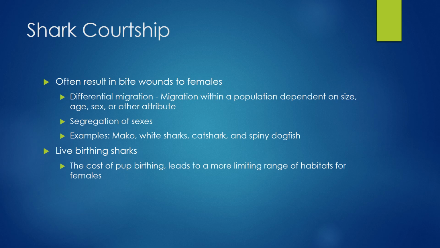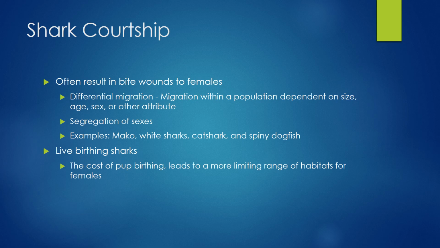For shark courtship, females often receive a bite wound. This leads to segregation of the sexes in differential migration. As we remember from before, differential migration is migration within a population dependent on size, age, sex, or other attributes. So this is a sex-related factor of differential migration.